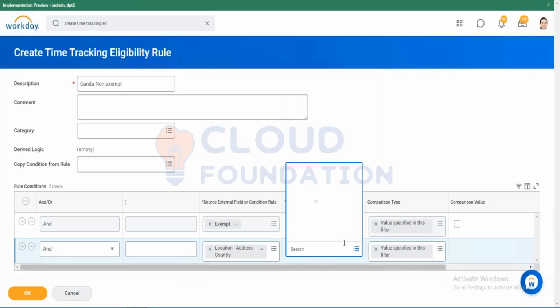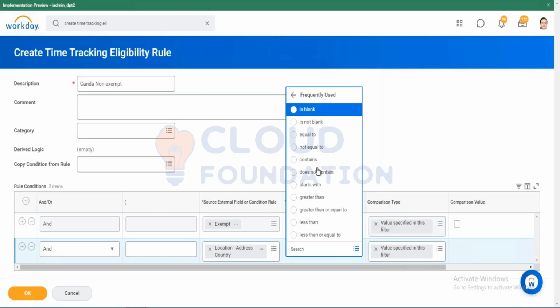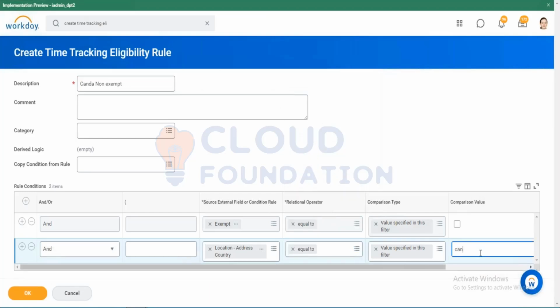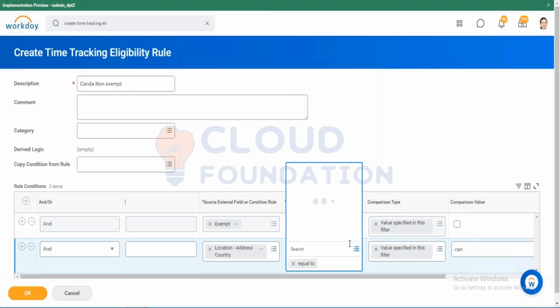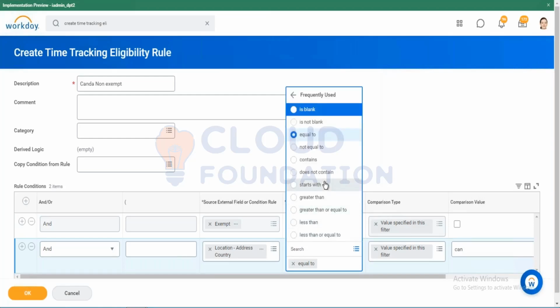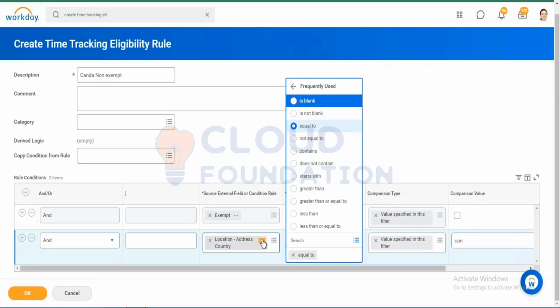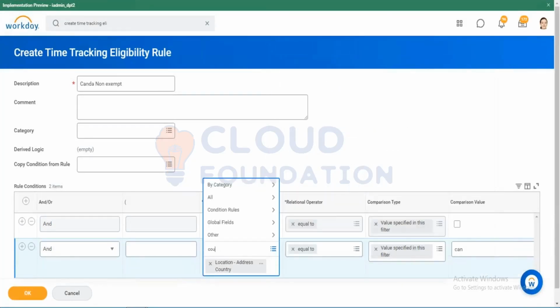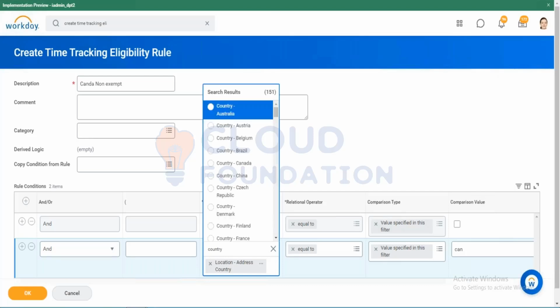Location address country equals to. Array, sorry. Position value. Yeah, you just want the country.